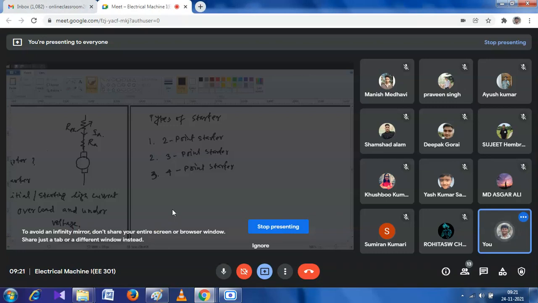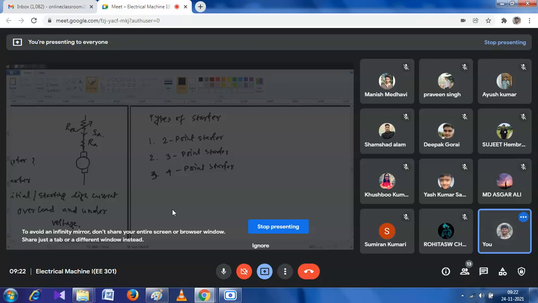Manish says there are two types, shunt motor and series motor.